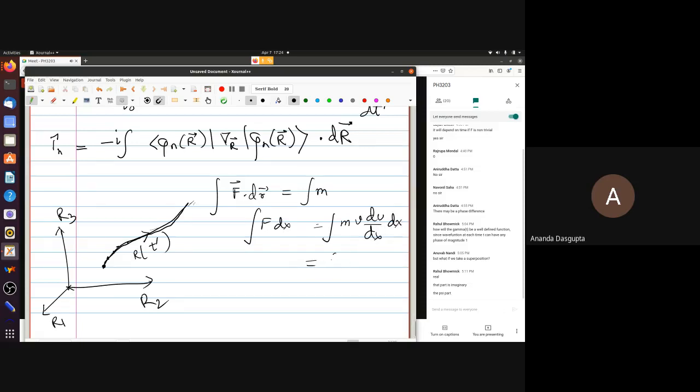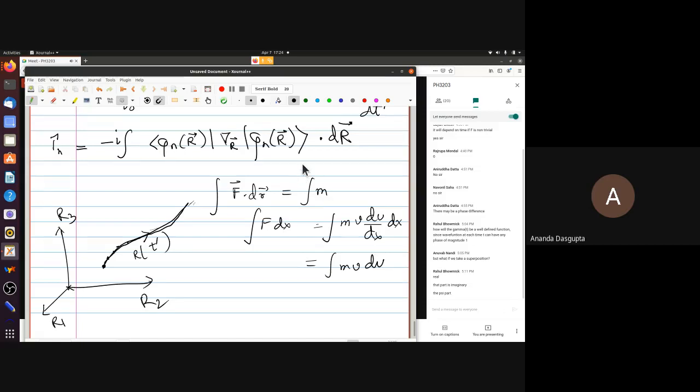If you look at the right hand side, this gets even better because since you're in one dimension, v dv is an exact differential, so this integral depends only on the initial and final velocities. But even if you didn't have that result, you would still see that this result will depend only on how the velocity behaved during the motion, not on how the velocity is changed with x.